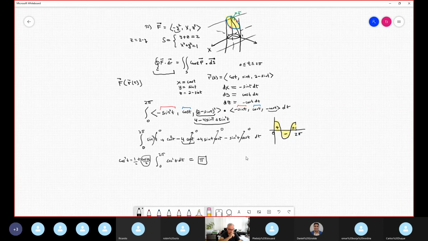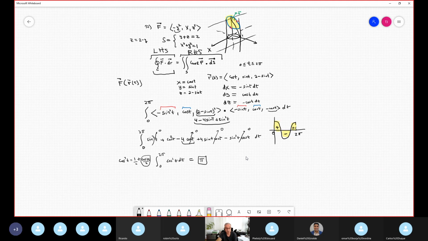Okay, let's try to do it using the surface. So that we computed the left-hand side of the Stokes theorem. Now I move into the right-hand side. Maybe I don't know if it's easier or more complicated. I don't know. I have no idea.